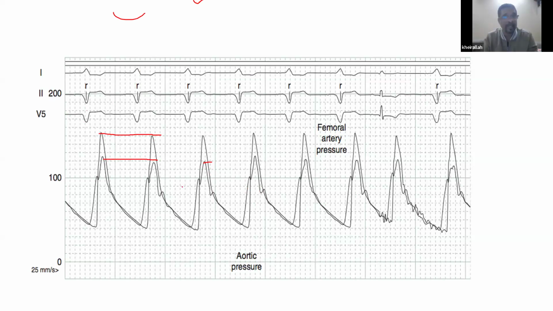This is physiological, by the way. When you go to the femoral artery, the pressure is much higher than in the aorta, significantly higher. So if you use this pressure for aortic stenosis evaluation, you are going to underestimate the gradients. I hope we get this point clear. Are we? Yes. Okay.